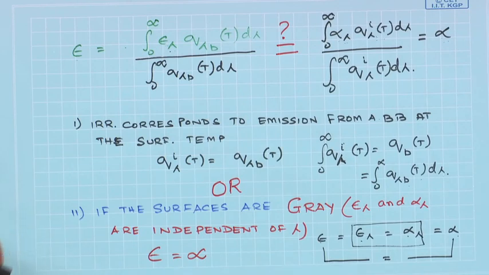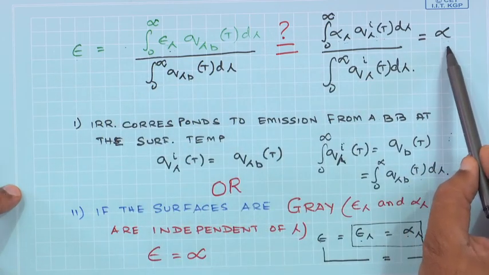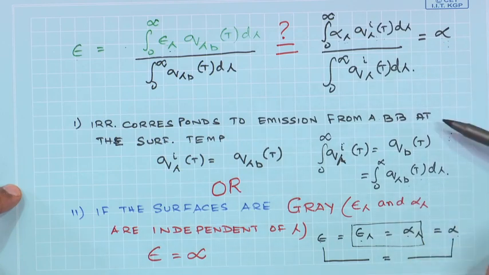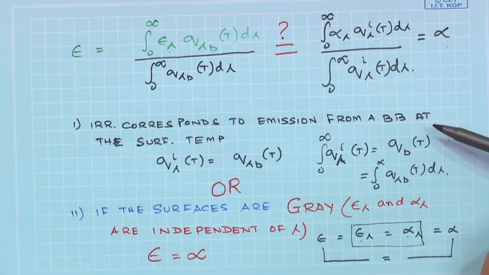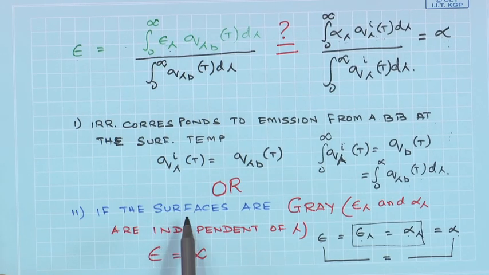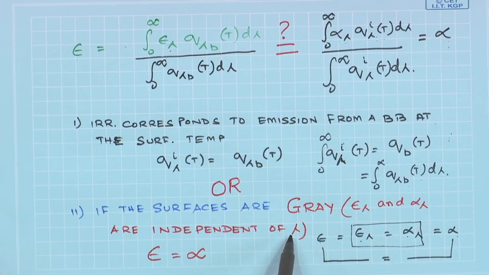So, even though this is a very restrictive condition, which says that the equality of emissivity and absorptivity overall, not the spectral, overall, can be obtained only if the emission is coming from a black body at the surface temperature. There is a different way of expressing the same thing, which tells us that the overall values would be equal if we assume a surface for which epsilon lambda and alpha lambda are independent of lambda.